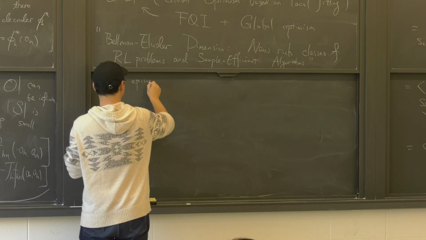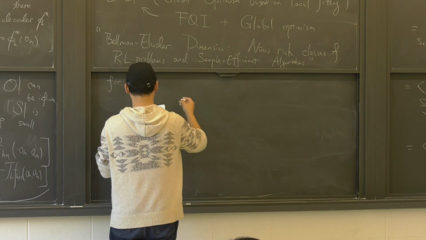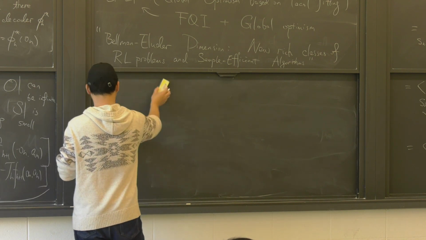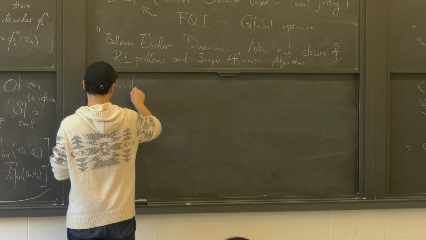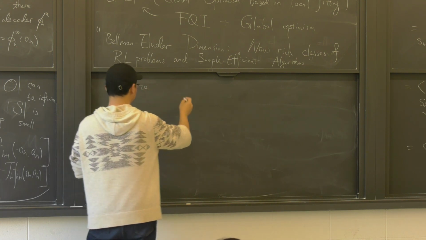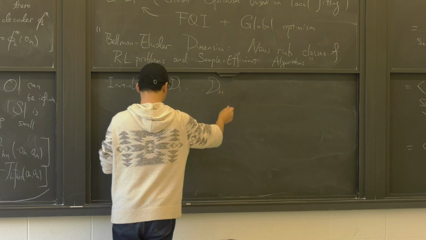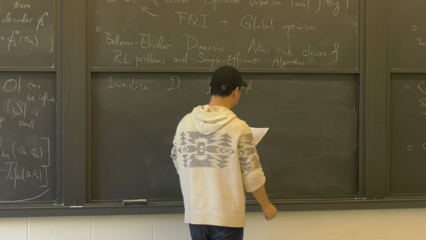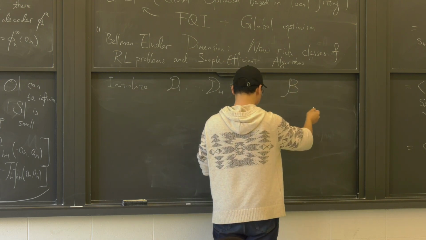So for episodes, we first initialize all the data sets, D1 to DH, to be the empty set, so that we don't have any data. And we have a confidence set, which is similar to Elena.